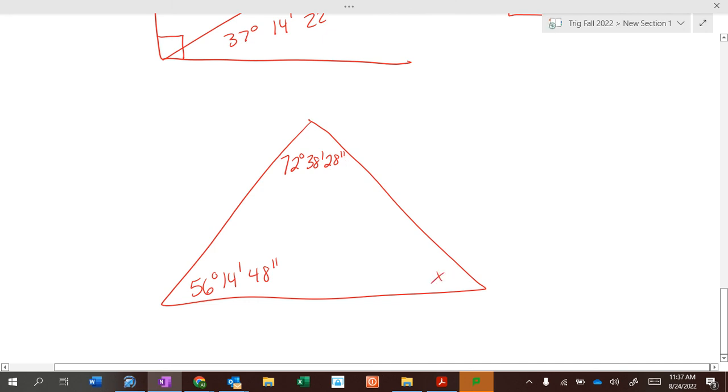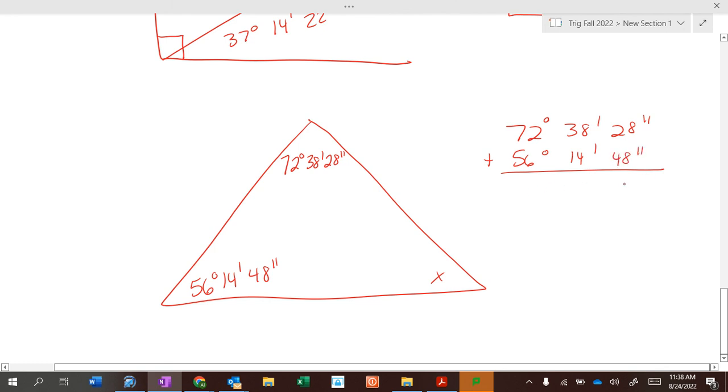What's this? So what's our first step in this problem? Add the two that we know. 72, 38, 28, and we're adding to 56, 14, and 48.